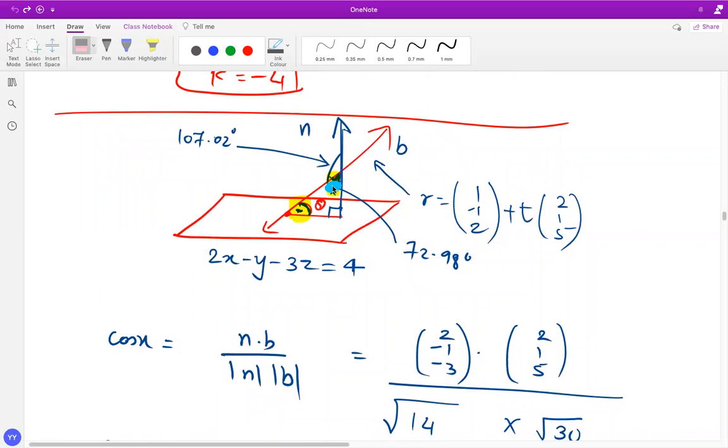Obviously you have to find acute angles, so it will be 180 minus that, which gives 72.98. And if you do 90 minus 72.98, you get this. In short, first you find the angle between the normal and the line, and then you subtract that angle from 90. This is how you find the angle between the line and the given intersecting plane.